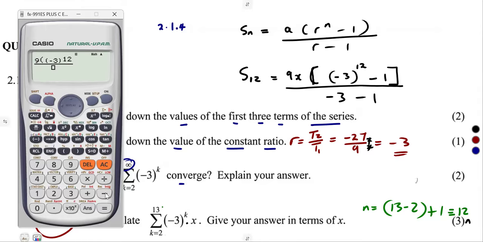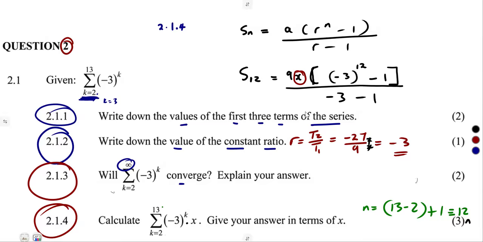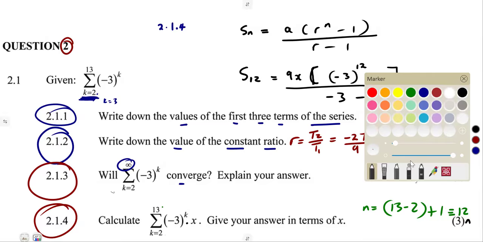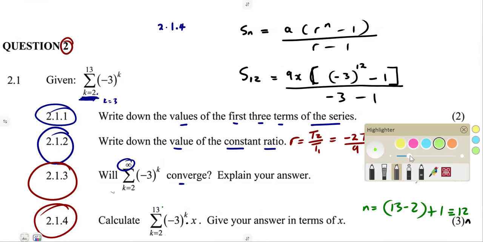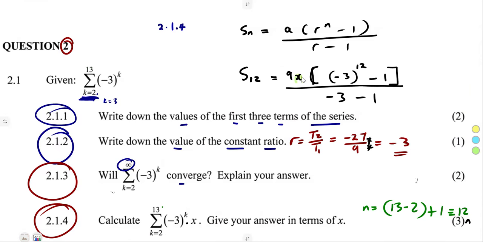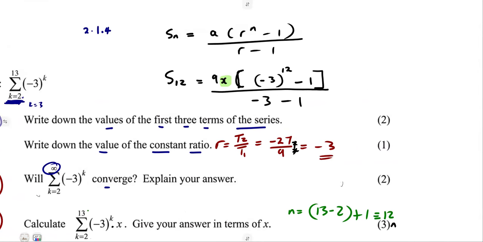Then we're going to subtract the 1, close this bracket, over -3 minus 1. We subtract the 1 this time. So this was going to give us this whole value. But remember, there is x here. So whatever you're going to have as your final answer, do not forget that there is x. So it is going to be multiplied to x. So this is it.